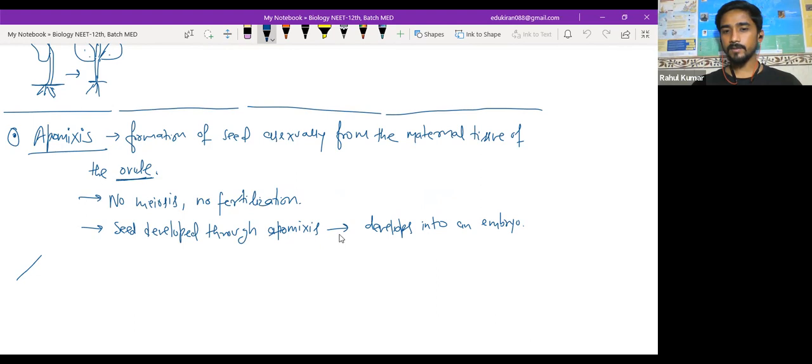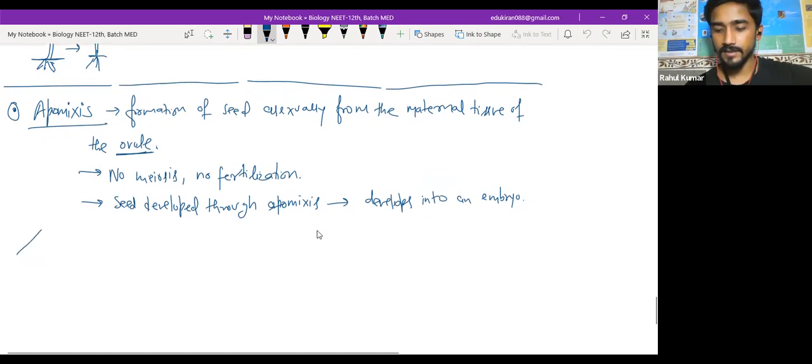It's a seed that develops without sexual reproduction. So it is like an asexually produced seed, correct? Now, what is the advantage of apomixis? Can anyone think? What is the reason a plant undergoes apomixis? Just think logically.